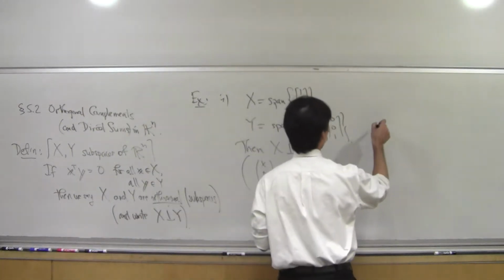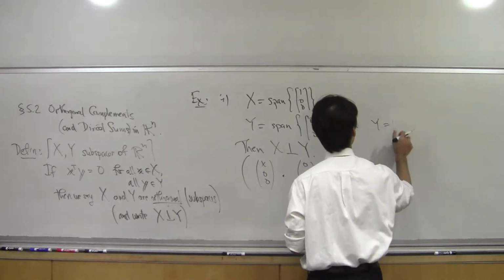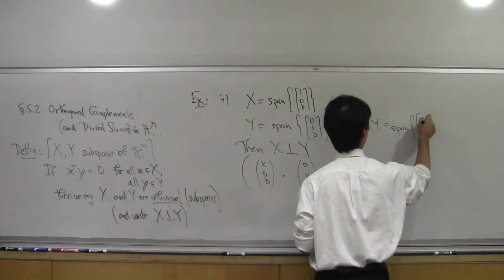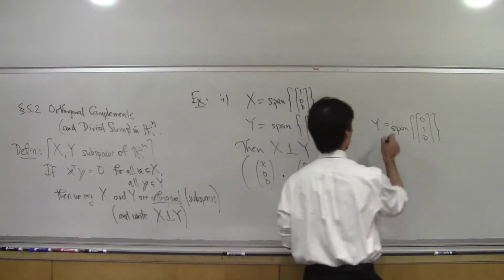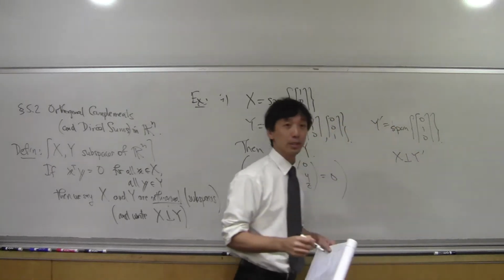Notice that if I took Y to be just the span of (0, 1, 0), those would also be perpendicular. Let me call this Y prime. X and Y prime are also perpendicular to each other.